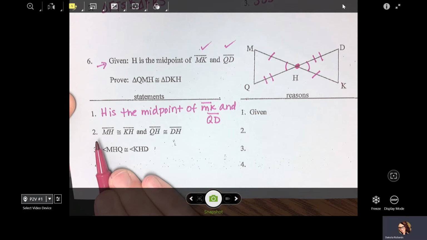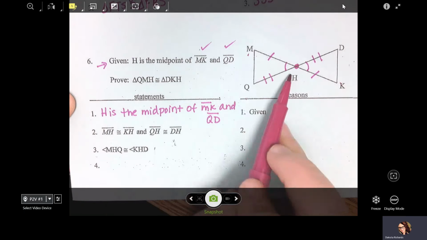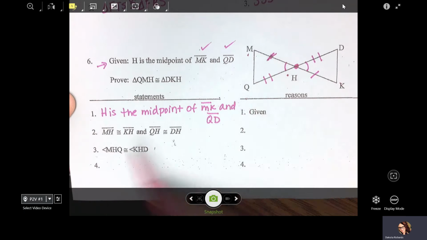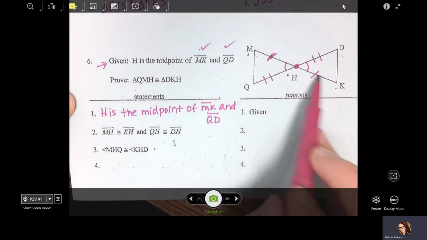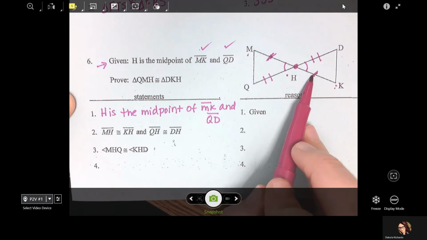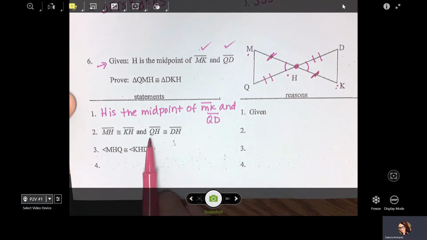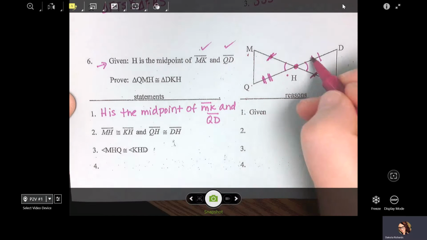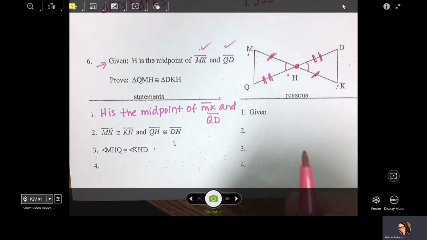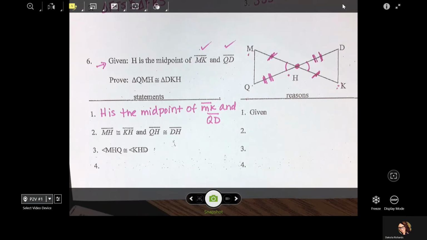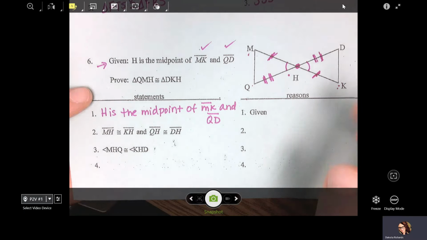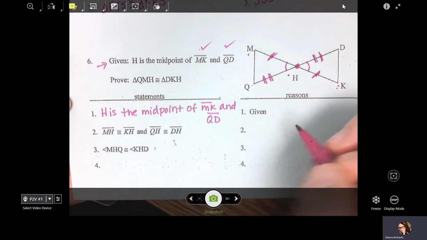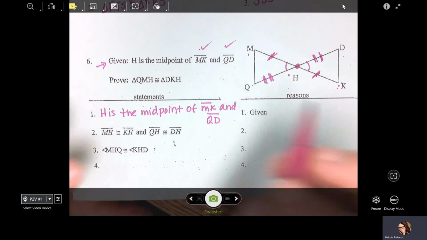Next statement, segment MH, that's here, is congruent to KH, that's here, and QH is congruent to DH. Right? So how do we know that those two segments are congruent to each other?